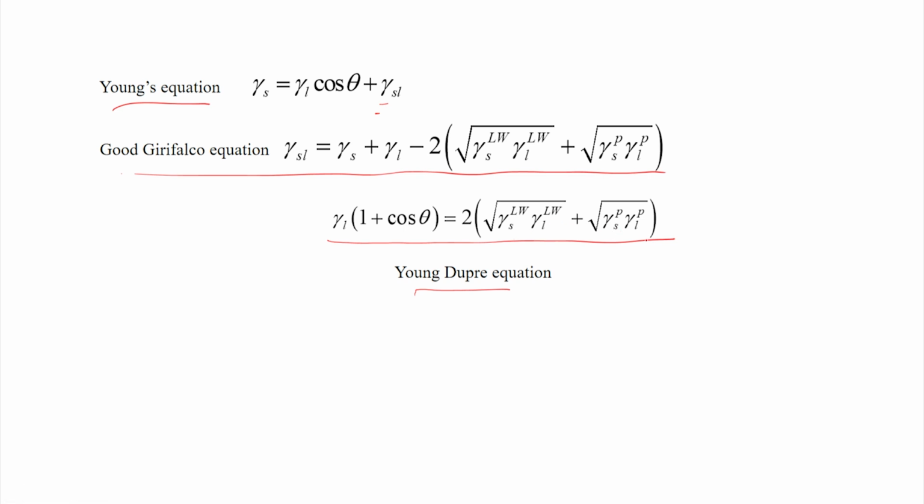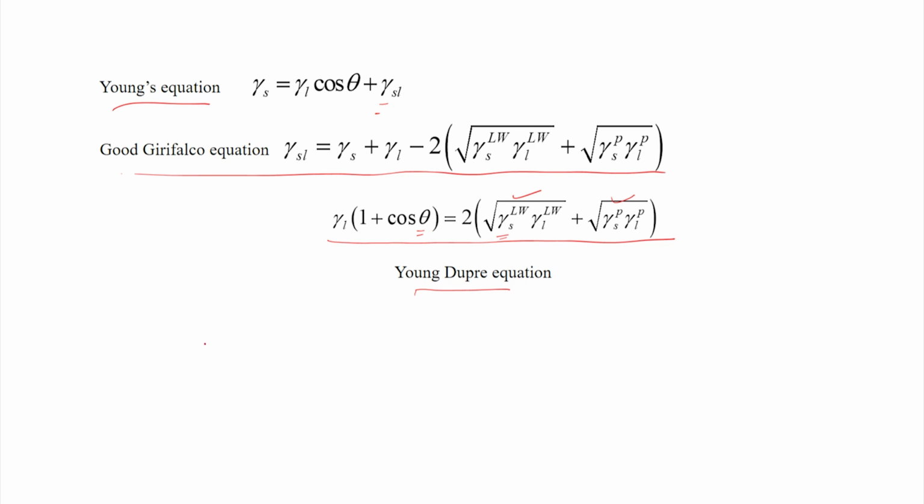See, there are two unknowns here, gamma S LW and gamma SP. So you actually need two different equations. If you want to solve for two unknowns, you need two different liquids placed on this solid surface, and the corresponding contact angles have to be measured.